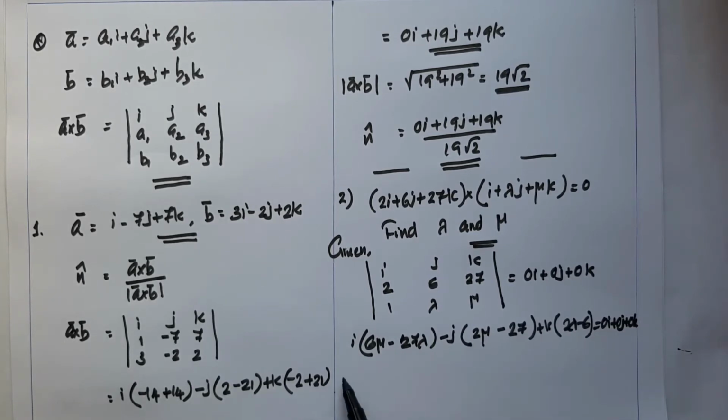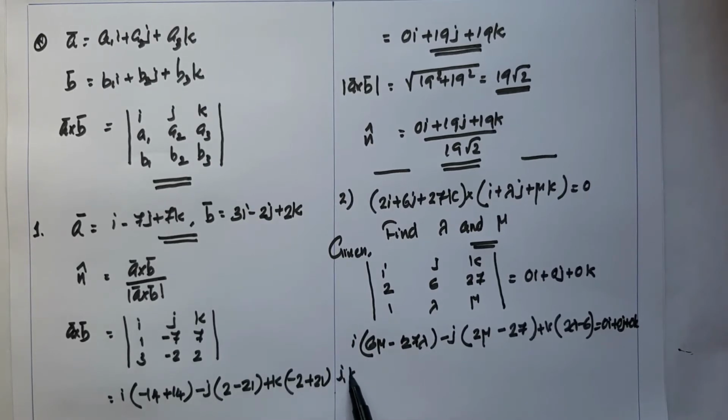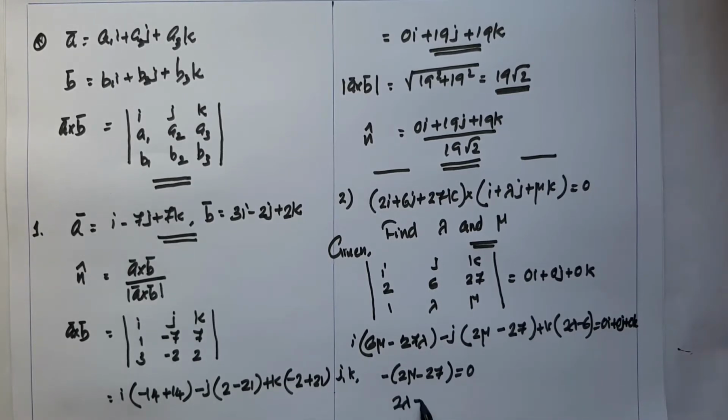Equating j, the j coefficient is minus of 2 mu minus 27 is equal to 0, and the k coefficient is 2 lambda minus 6 is equal to 0.